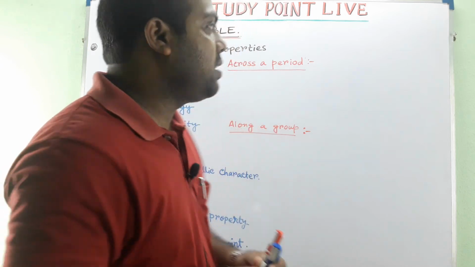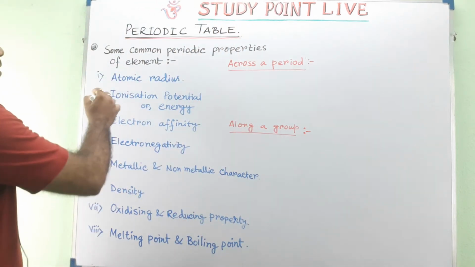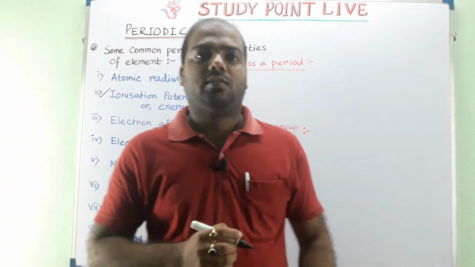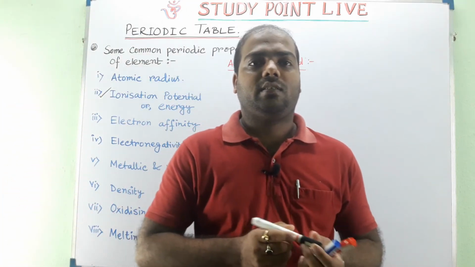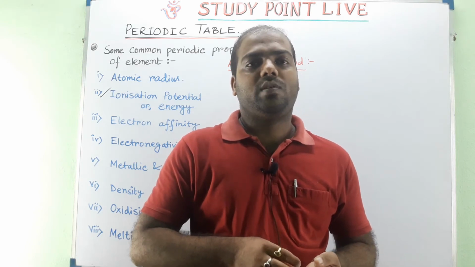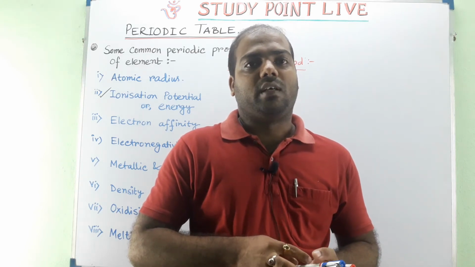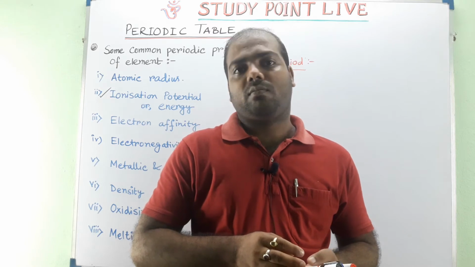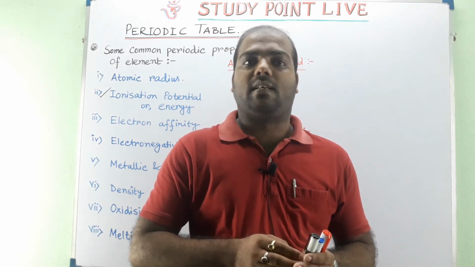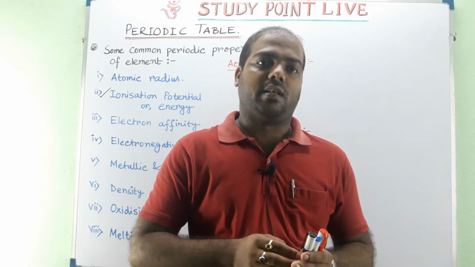Now we are going to discuss the second periodic property, that is ionization potential or ionization energy. So what is ionization energy? The minimum energy required to remove the loosely bound electron of an element from its outermost orbit of an isolated gaseous atom is known as ionization energy.